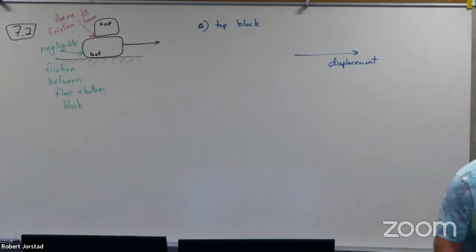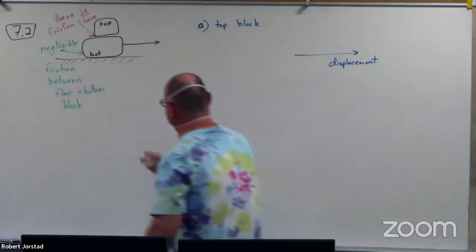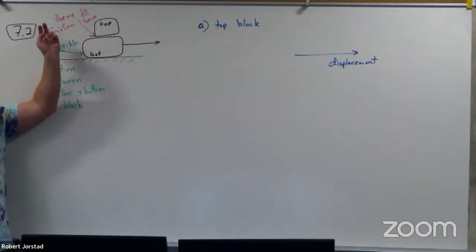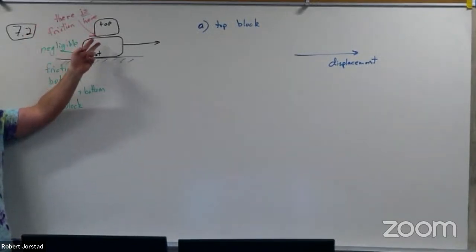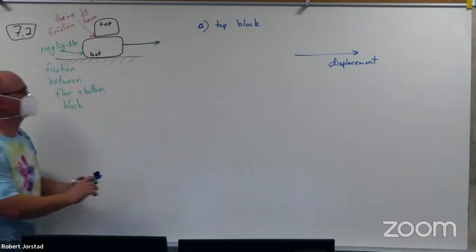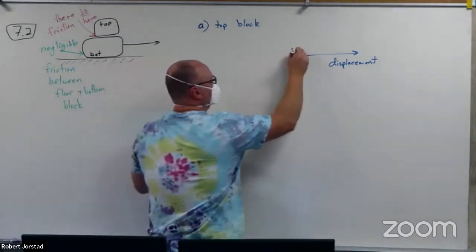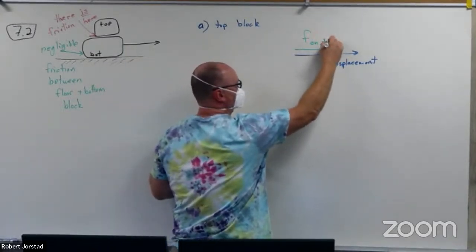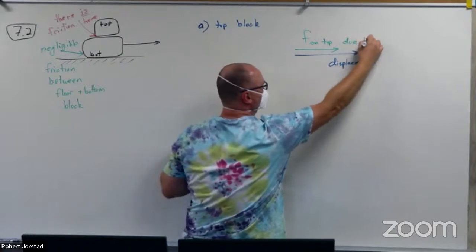All right, you get the idea that if I pull this really fast and friction's negligible, the top one moves backwards relative to the bottom one. Therefore, friction is forwards on the top due to the bottom.